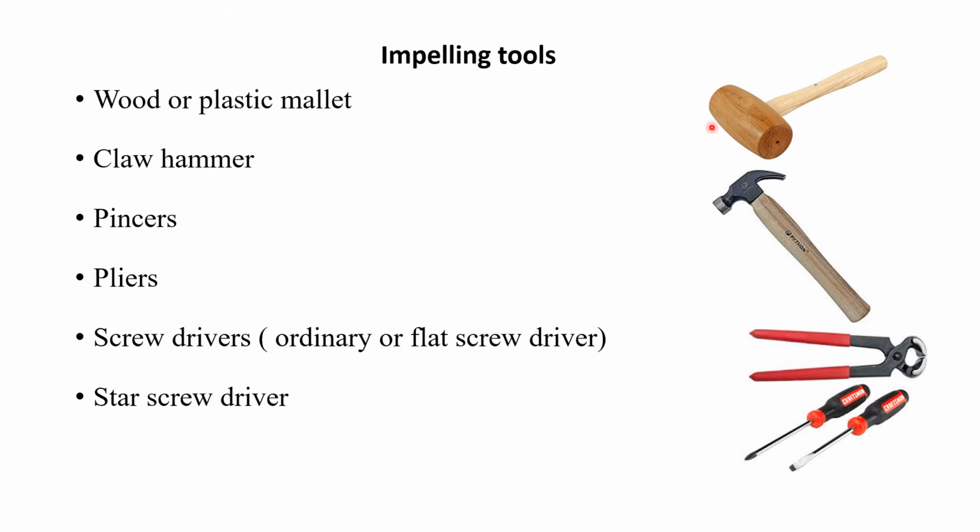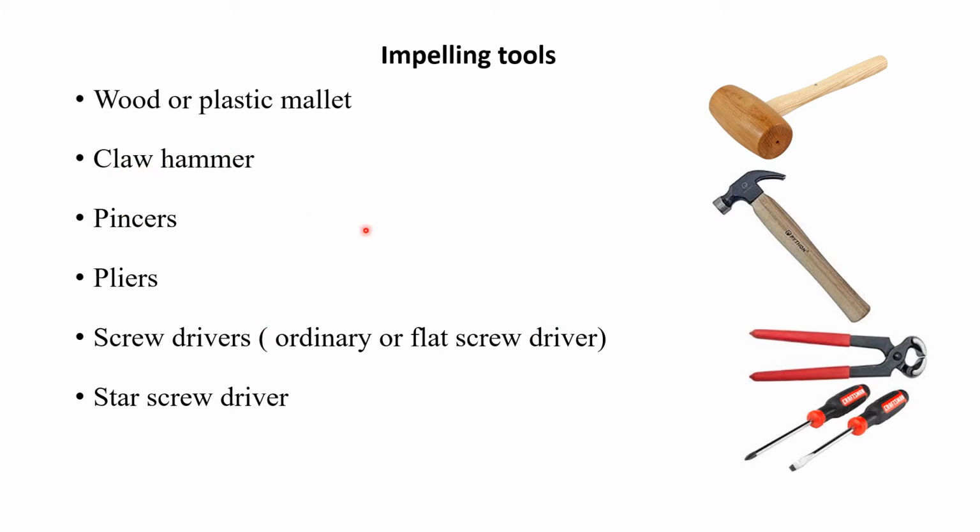This mallet is made of wood, and it is used to knock on the top of the chisels. On the top of the chisels, we will not use metal hammers, because they can break the handle of the tools. So there we will use the plastic or wooden mallet.